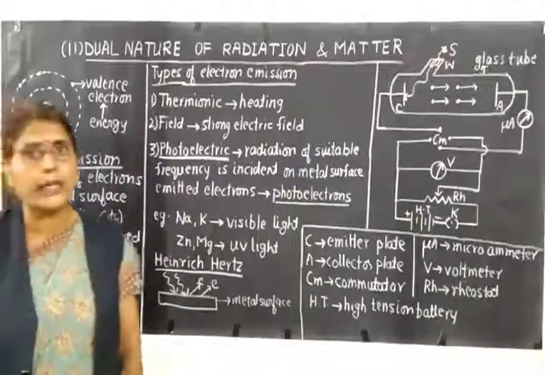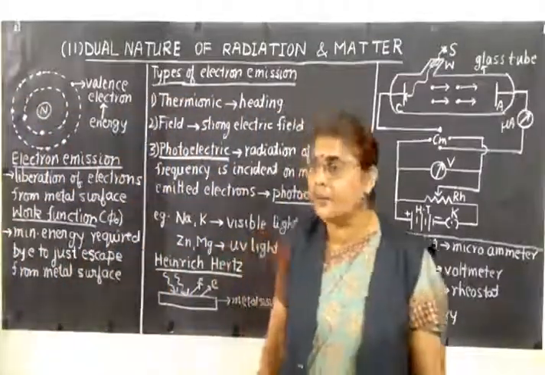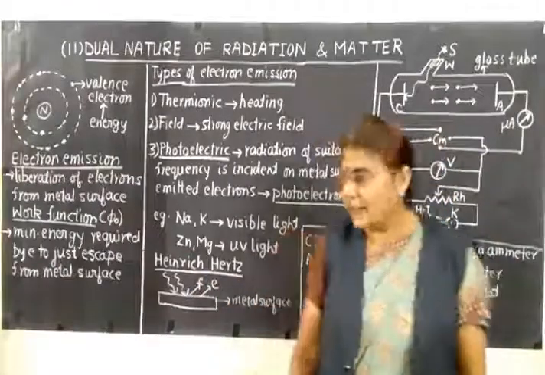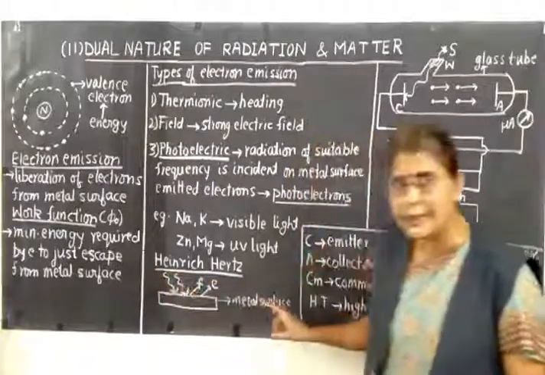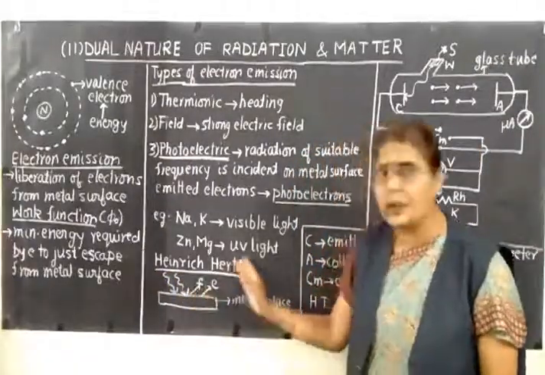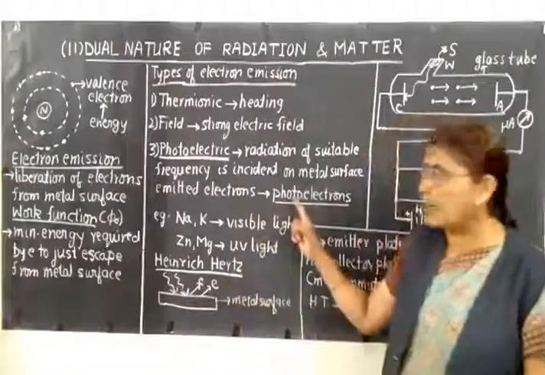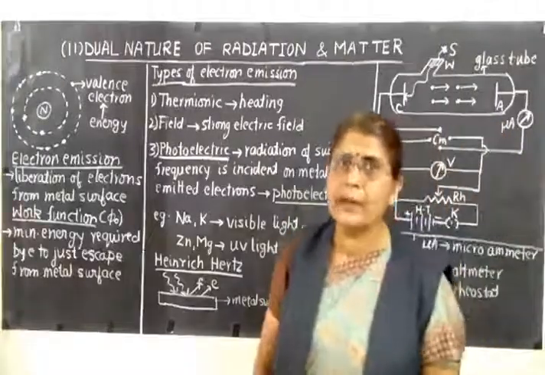Now let us study in detail what is this photoelectric emission. We can also call it the photoelectric effect, and it was discovered by the physicist Heinrich Hertz. Diagrammatically I have shown the photoelectric effect like this. Say this is a metal surface, radiation is falling on it and the electrons are emitted, and these electrons are called photoelectrons. Let us define the photoelectric effect once again.